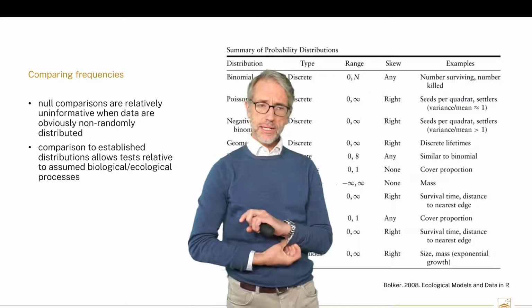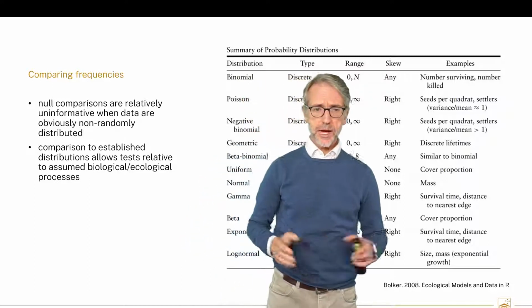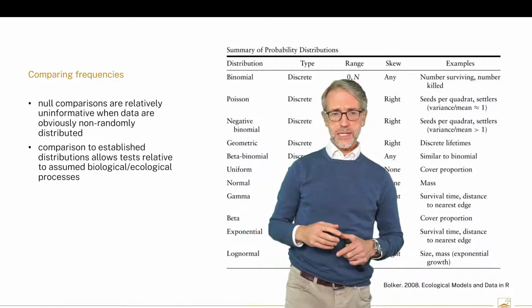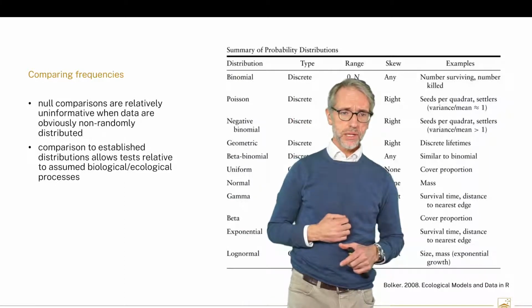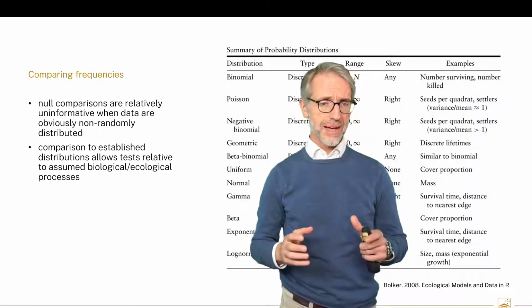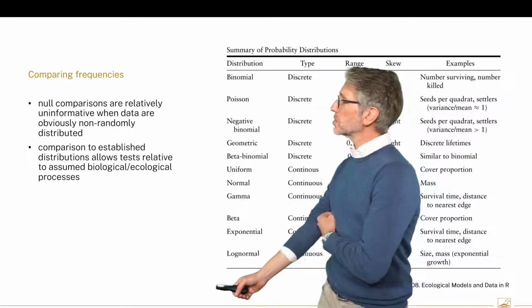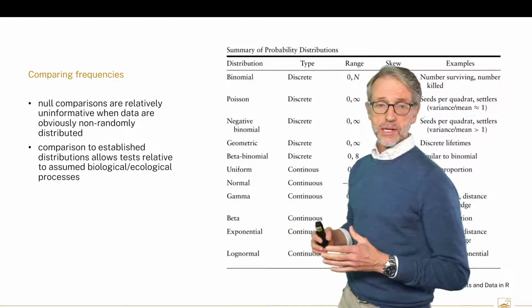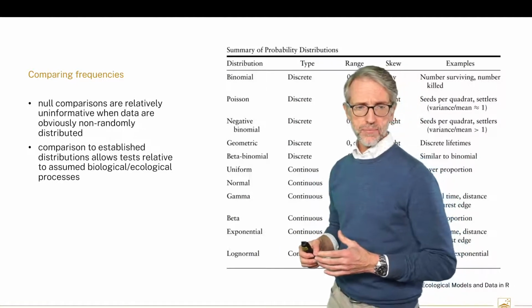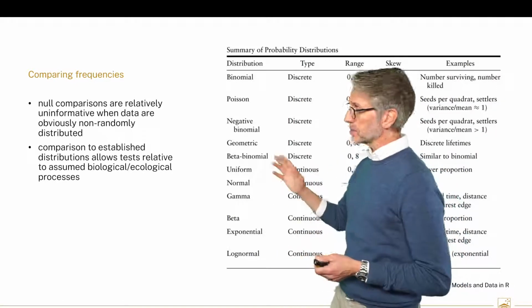Well, that's indeed a weakness in this case, but we do not necessarily need to assume a completely random distribution. There are many other distributions that we can use to analyse environmental or biological data. And here are just a few of those.